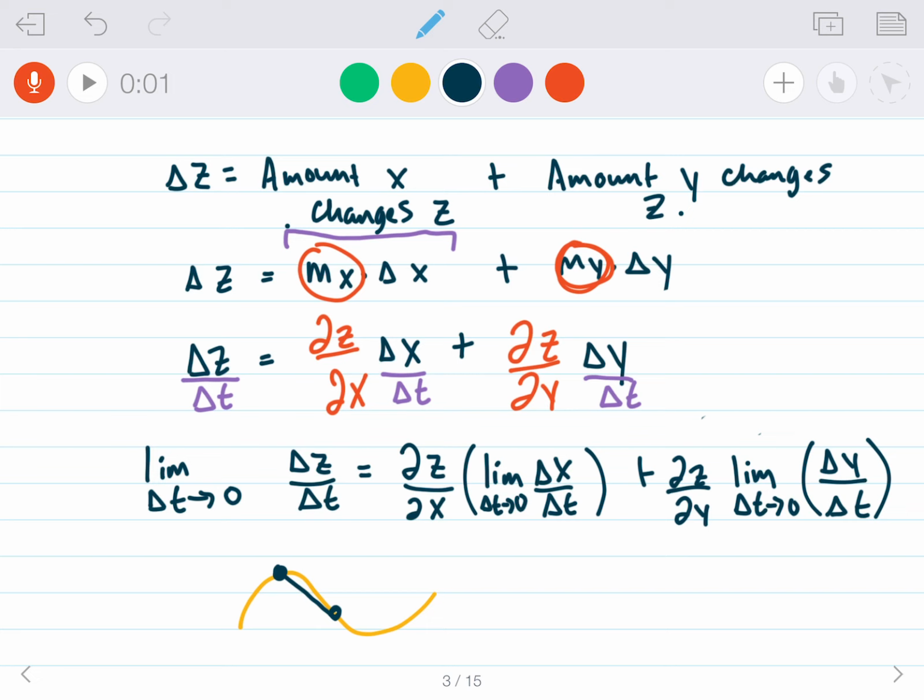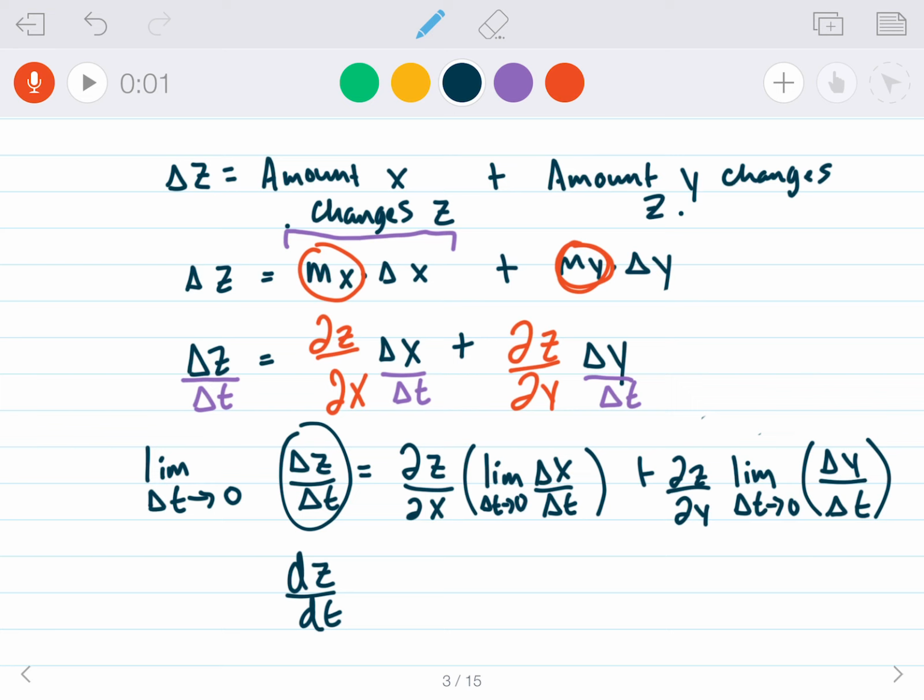When we make t really, really close to 0, we're making these points get super close to each other, and that's going to produce the slope of the tangent line rather than the slope of the secant line, aka the derivative. So when delta t goes to 0, this is actually going to become the derivative of z with respect to t. That's what the whole limiting process is about: take the limit as the secant line becomes the tangent line.